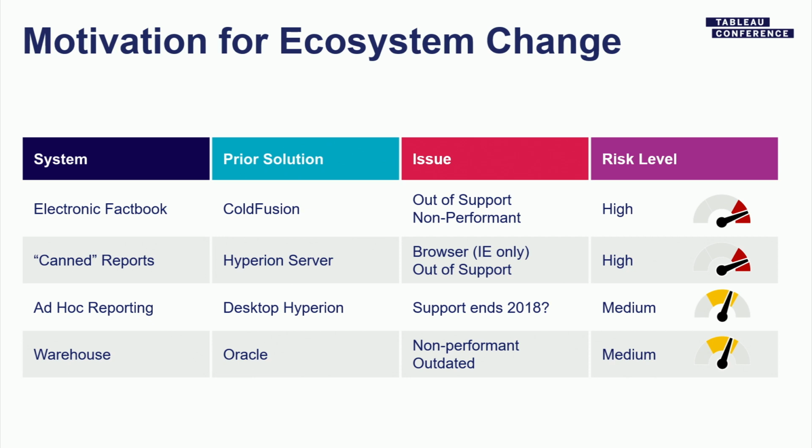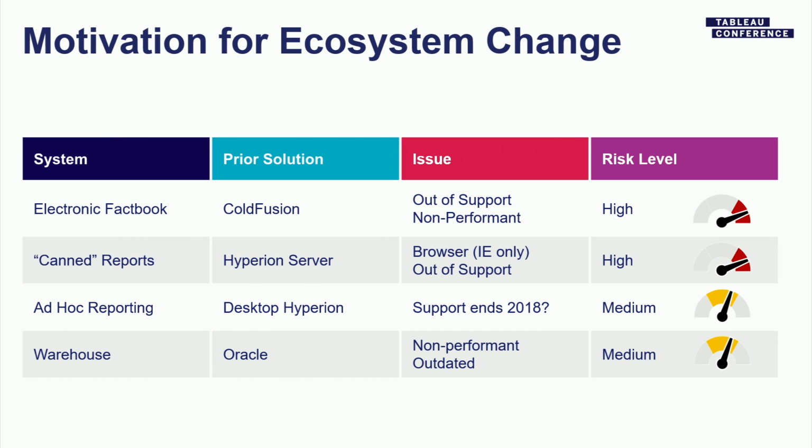In addition to that, our ad hoc reporting tools, we were using desktop Hyperion predominantly. And our understanding was that after Oracle bought that it went out of support officially sometime in 2018, maybe. Unofficially, we're paying for support that, if we call them and say something happens, they'll say, oh, sorry, right?